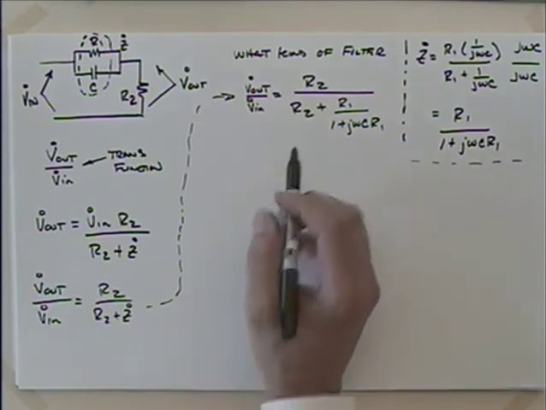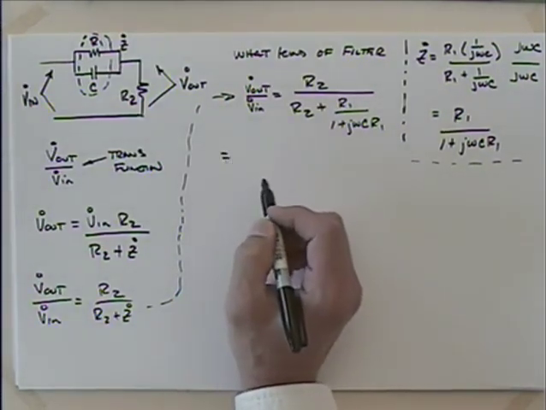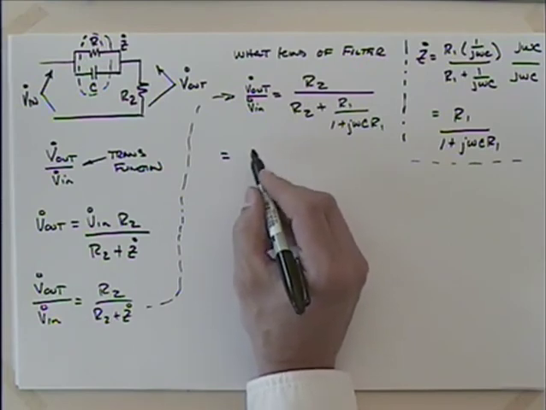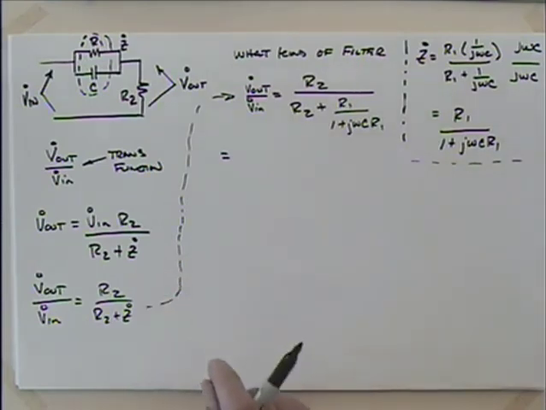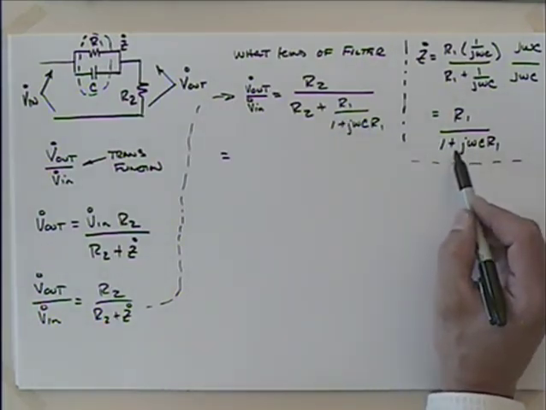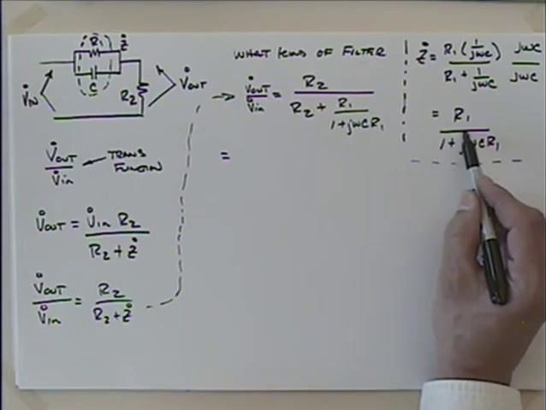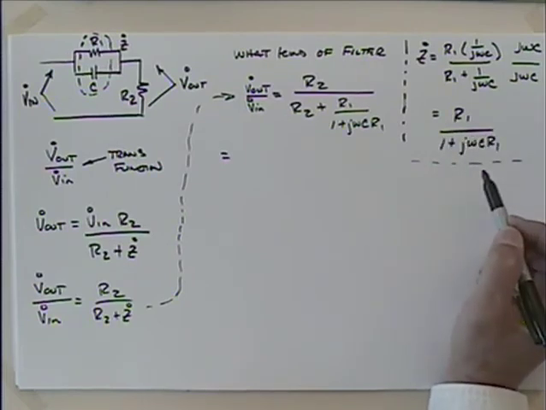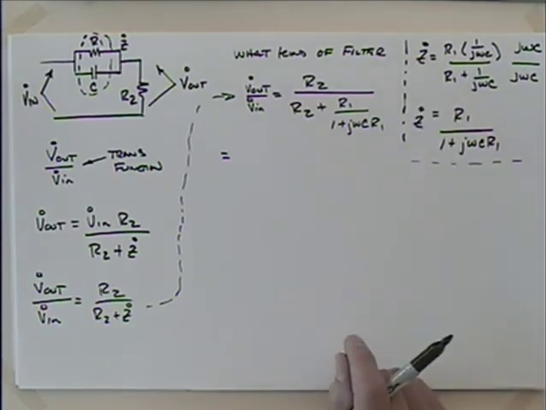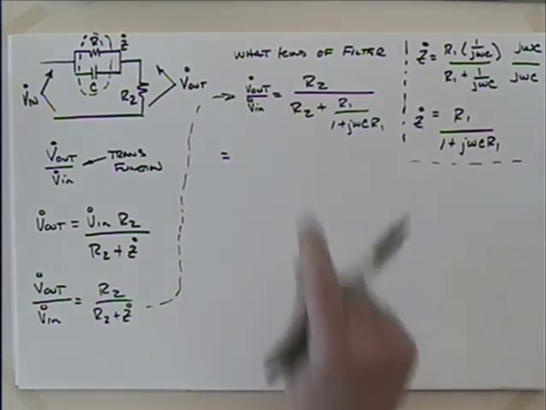Now what do we do? Probably get a common denominator, right? Addition in the denominator, then move to the numerator of your V out over V in. You move it over, so you have plus R1 over, well, this is Z. Yeah, I still got the R2.